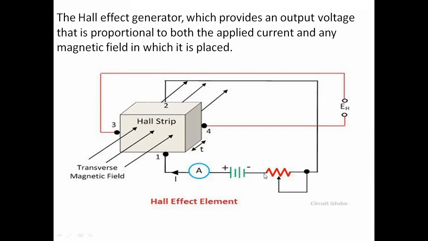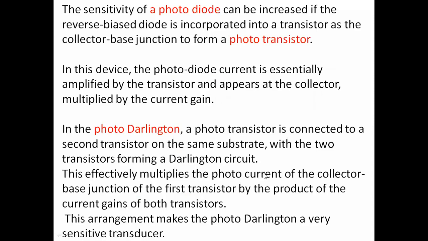And from active circuit elements, the photomultiplier tube, phototransistors, and photodiode all come under passive transducers using active circuit elements. Finally we have Hall effect transducers. So these are the passive transducers, and out of these, each one is used for measurement of displacement.